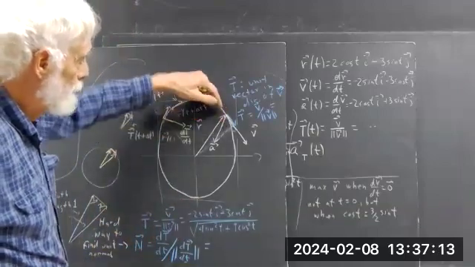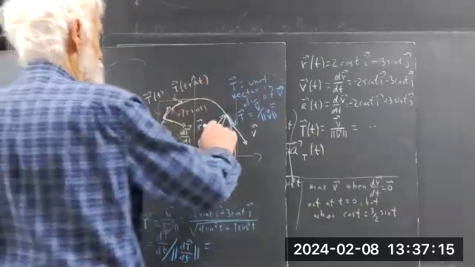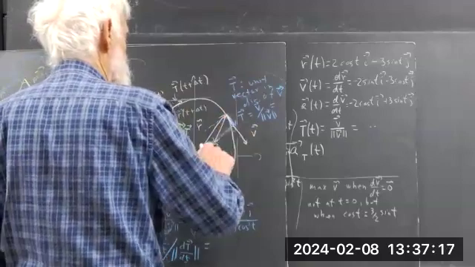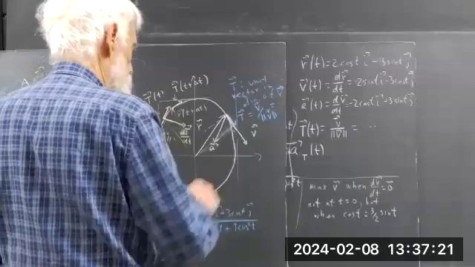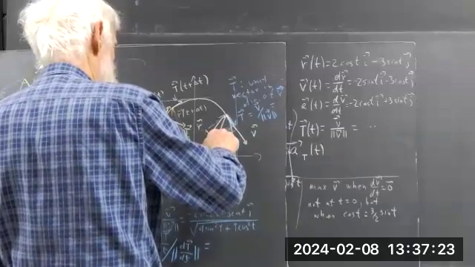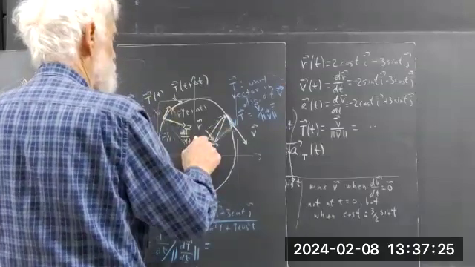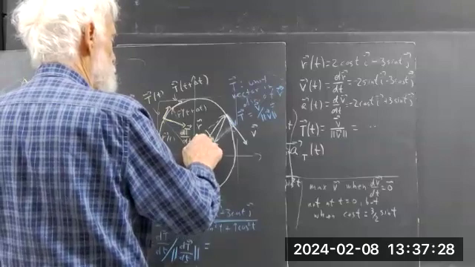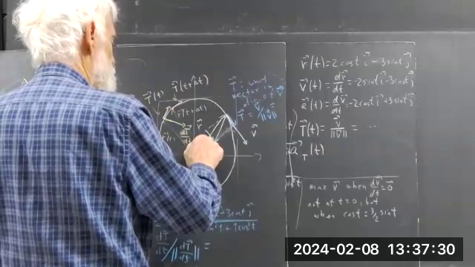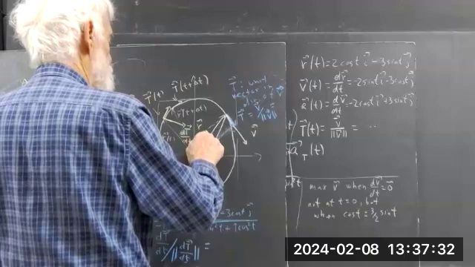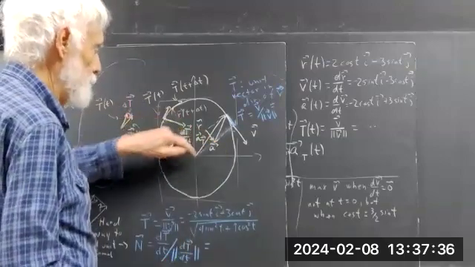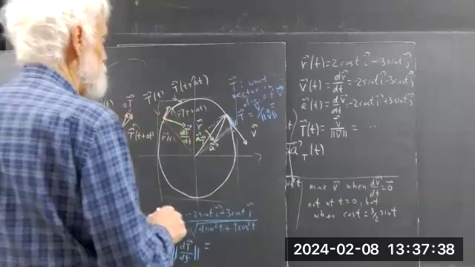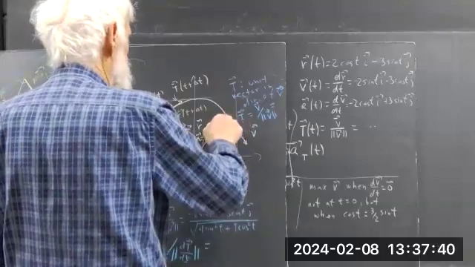And you get a component that I'll draw here. That's A sub T. And then you have a vector here.